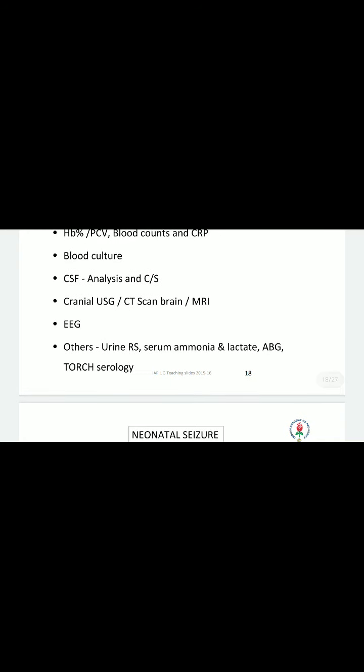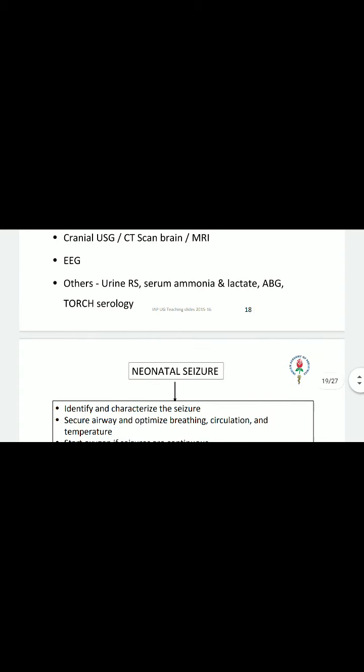For any seizure, of course, to assess, cranial ultrasonography, if there is an intraventricular bleed or other malformations, you can do CT scan and MRI. EEG, of course, is a must. Urine routine, serum ammonia and lactate.